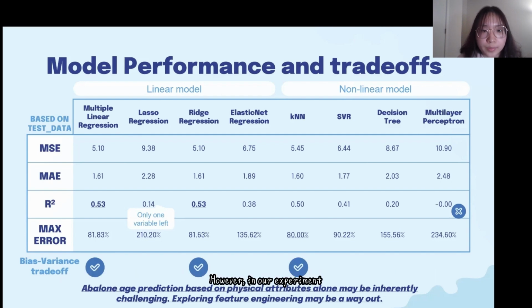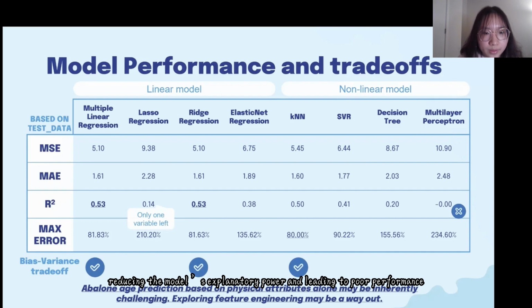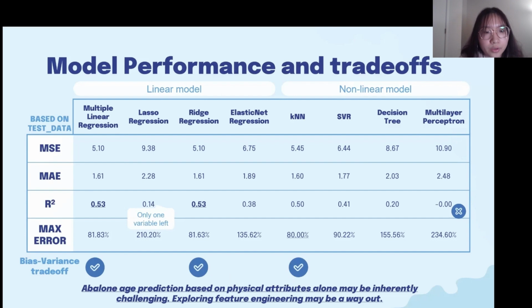However, in our experiments, lasso regression removed all features except shell weight, reducing the model's explanatory power and leading to poor performance. On the other hand, ridge regression performed better than many other models, due to its ability to mitigate multicollinearity, which we previously observed to be high among variables.